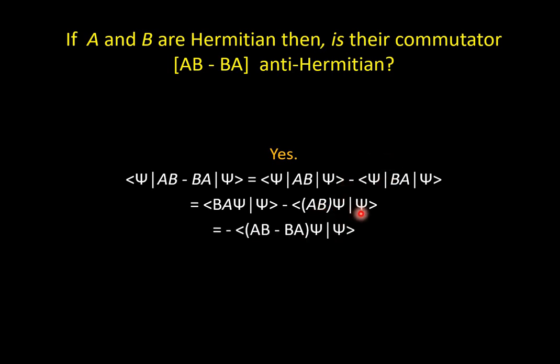Okay. Now if you take minus common, AB minus BA psi psi. So the AB minus BA whole thing as such you can take towards the left, but with a minus sign. So it is anti-Hermitian, because that is the definition, with a minus sign. Okay. So the point is proved.